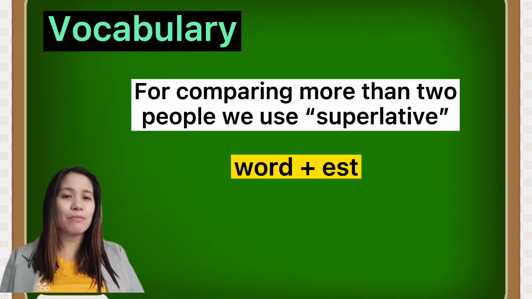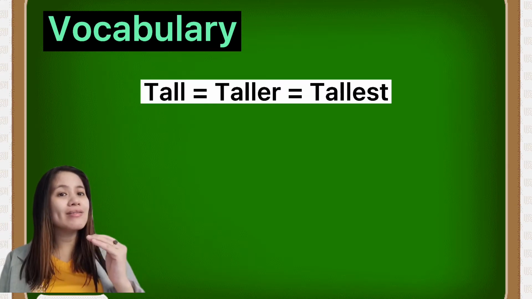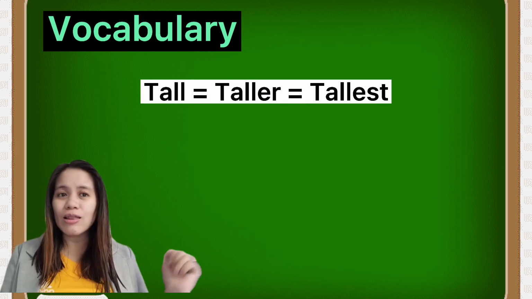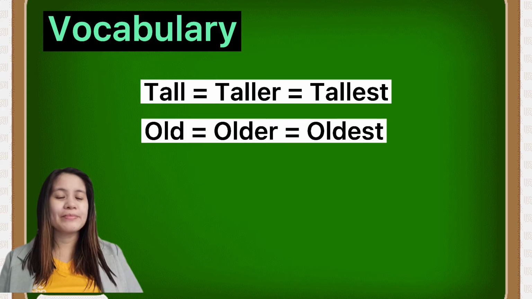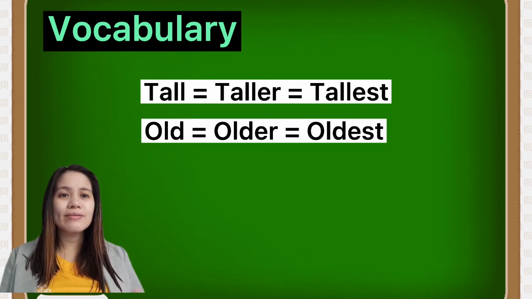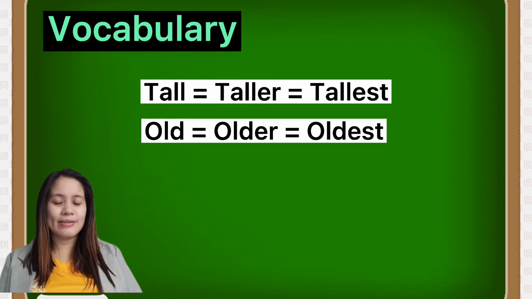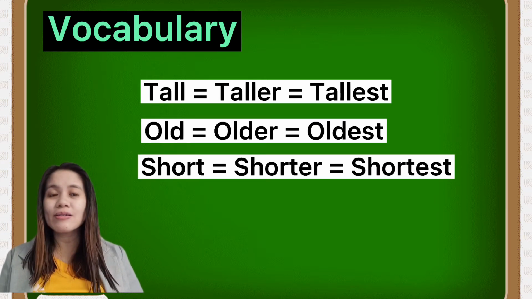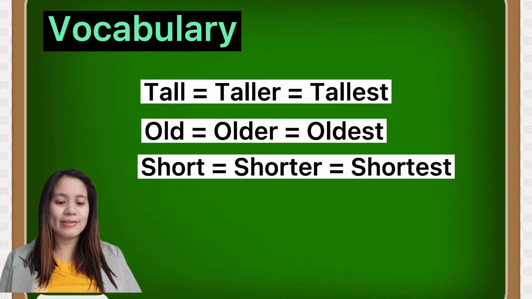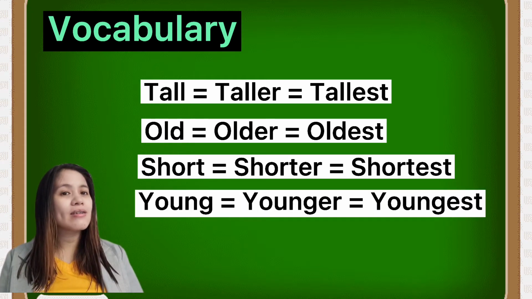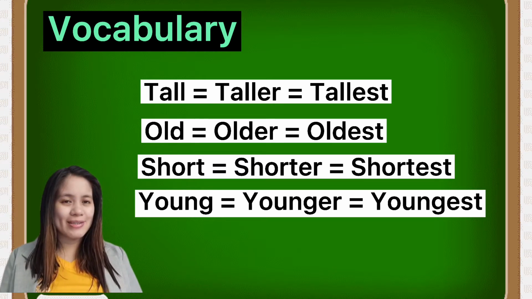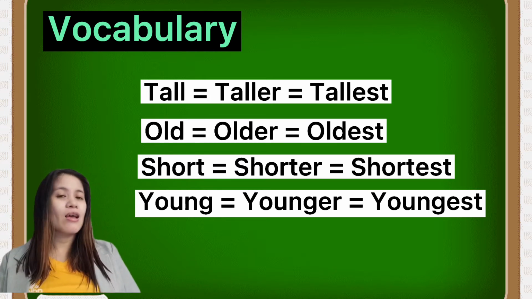Like this example, tall, taller, tallest. Old, older, oldest. Short, shorter, shortest. Young, younger, youngest.